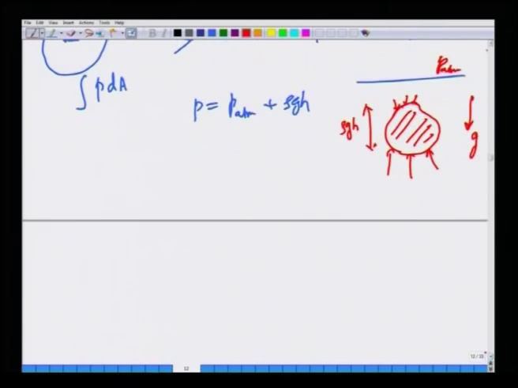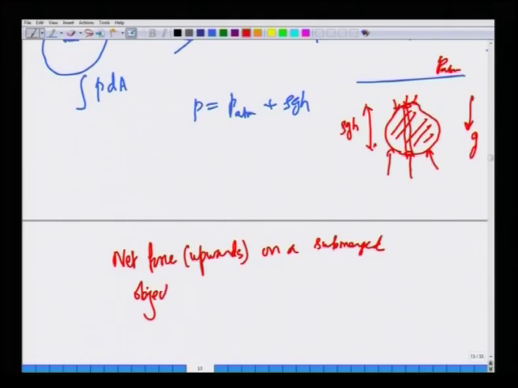Then we saw that by taking a tiny cylindrical volume element, the net force acts upwards, because the pressure here is more than the pressure here. By taking many such tiny cylindrical volumes over the entire volume, we saw that the net force acting upwards, in the direction opposite to the gravity vector, on a submerged object is simply rho of the liquid, density of the liquid, times g times the volume of the liquid that has been displaced by the solid.